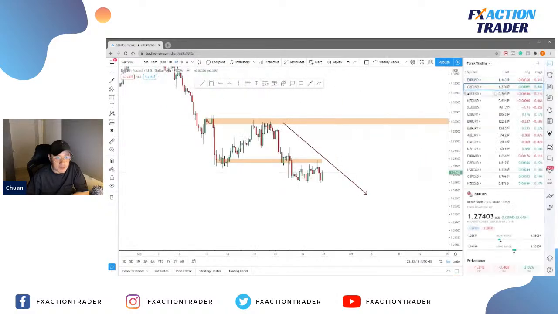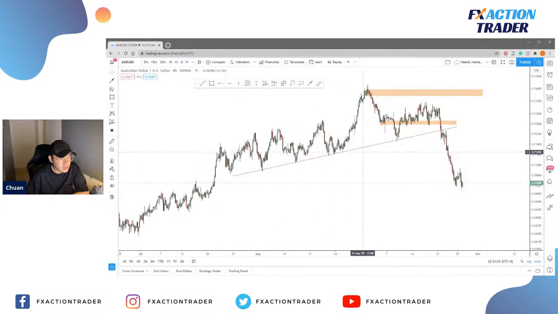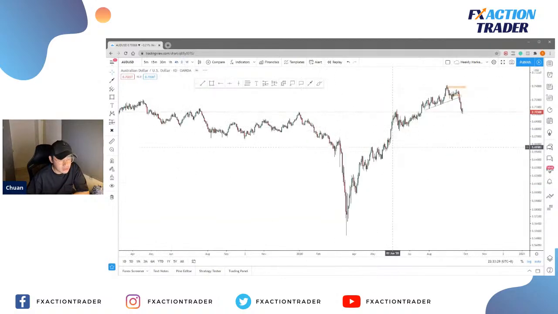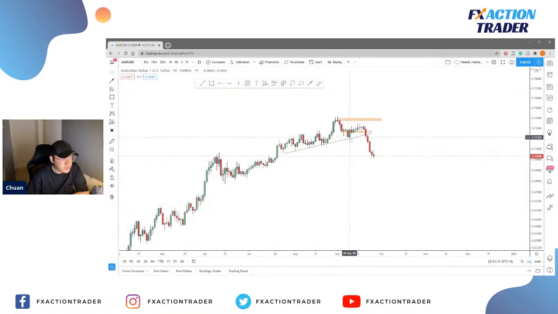For Aussie dollar, last week we could draw an uptrend trend line here, and when this trend line was broken, the market headed downwards. On the daily chart, we can see that this previous low was broken and the market has now formed a new low, meaning the trend is no longer an uptrend but has turned into a downtrend.